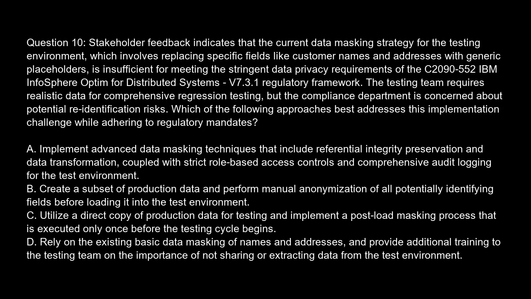Option C. Utilize a direct copy of production data for testing and implement a post-load masking process that is executed only once before the testing cycle begins. Option D. Rely on the existing basic data masking of names and addresses, and provide additional training to the testing team on the importance of not sharing or extracting data from the test environment.